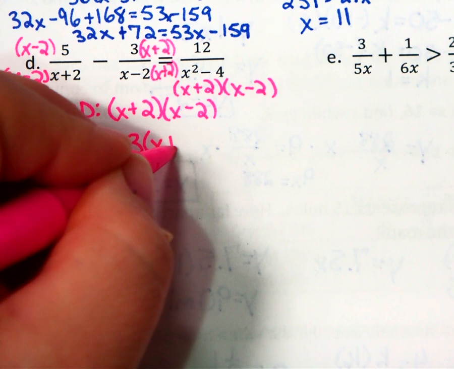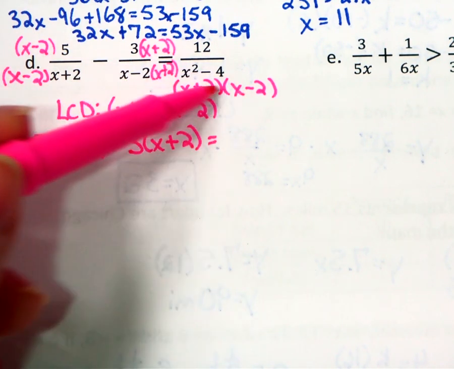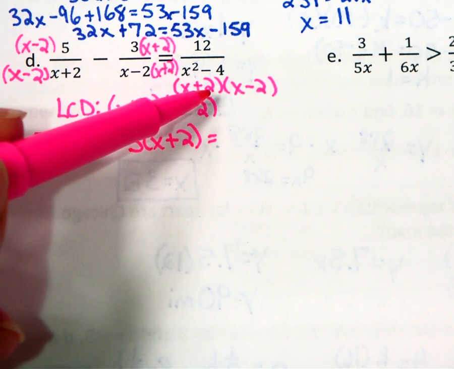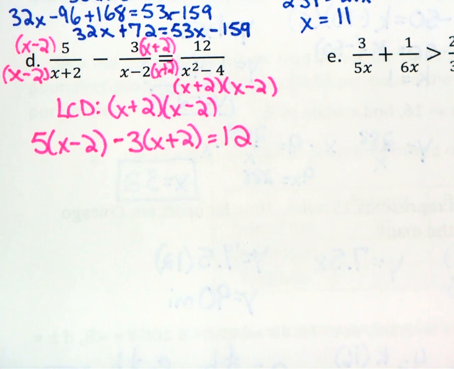So minus 3 times x plus 2. And the final denominator doesn't need either the x plus 2 or the x minus 2. So it just remains as 12.